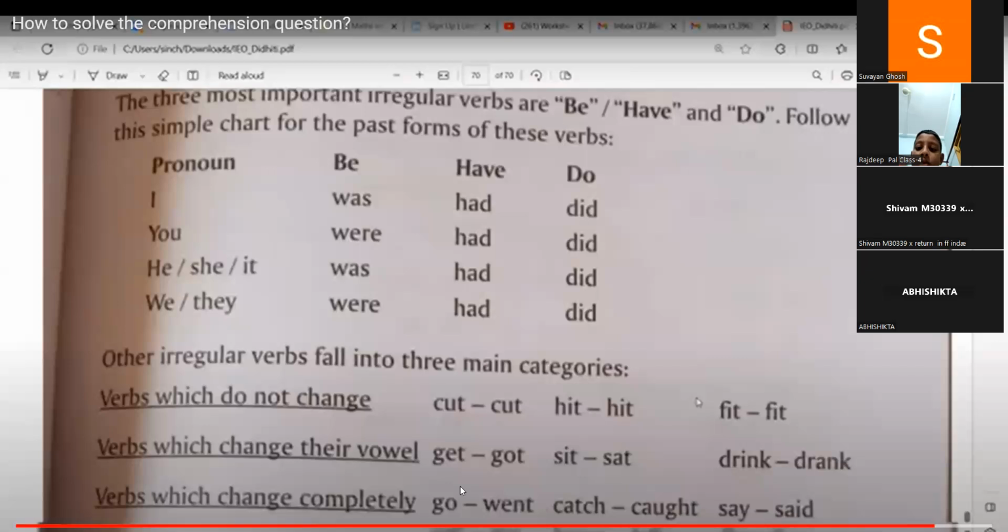We were eating in a 5-star hotel. Tell me again, we were? We were eating in a 5-star hotel at night. Excellent. Very good. Okay. Now, Avishikta, give me an example with we and were. We were busy in our work. Excellent.